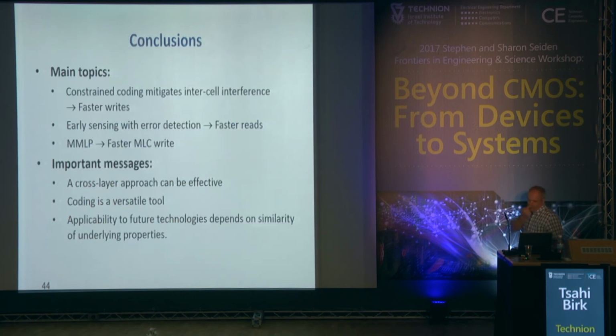So in conclusion, the main topics were constrained coding, which gives us faster writes, or other things if we want, early sensing with error detection, faster reads, and indirectly faster writes as well, because the verify cycle becomes faster. And MMLP, faster MLC, where M is multiple, any number of level writes.